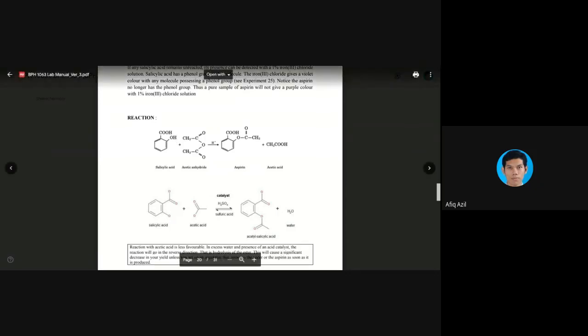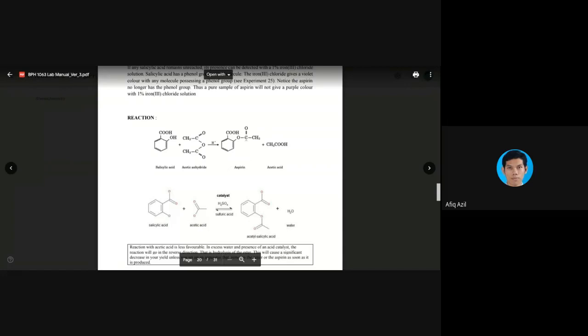The acid used is sulfuric acid, H2SO4, and your product will be formed in which the OH is converted into the ester form.